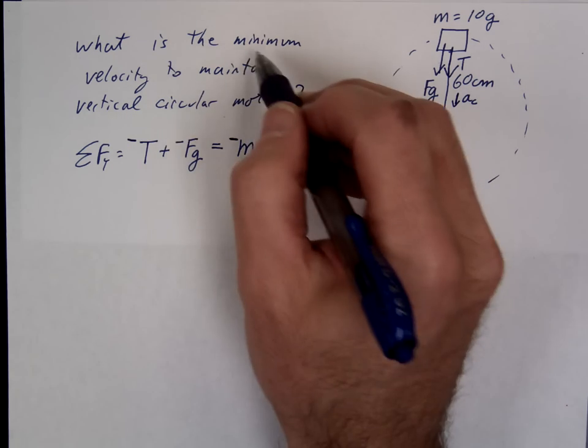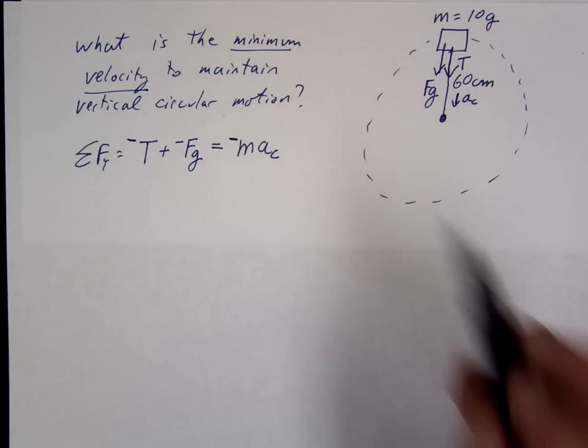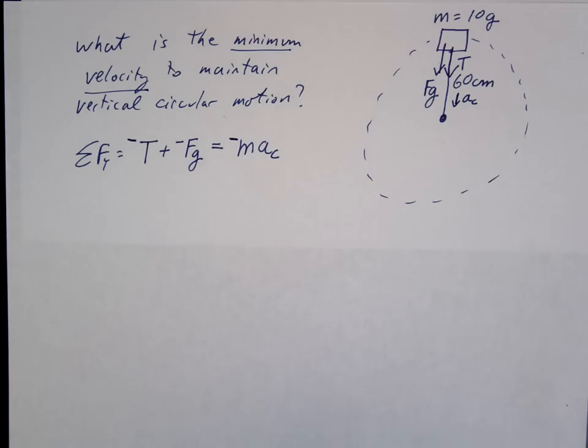So we are looking for the minimum velocity. Let's go back to this concept of the tension. Let's say I were to spin it faster. The faster I spin it, what should happen to the tension? It should increase, right? Well, let's do the opposite. The slower I go, what should happen to the tension? It should decrease, so it's getting less and less until what?